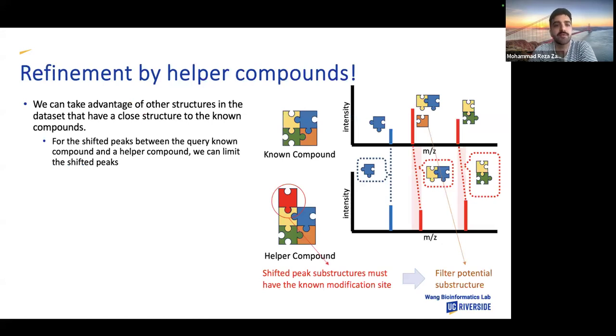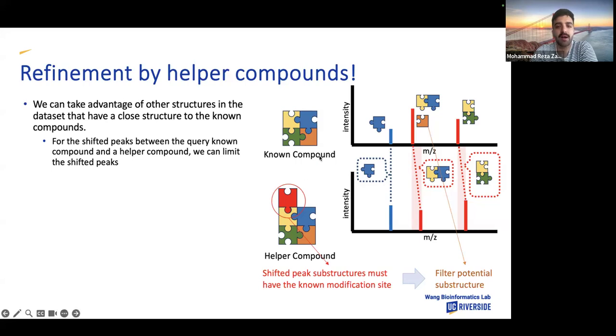The second refinement we did was to use helper compounds. So as I mentioned before, molecules don't appear in isolation. They are usually part of a network of compounds. And here we are using the same concept I described for finding the modification site, but over two known molecules.